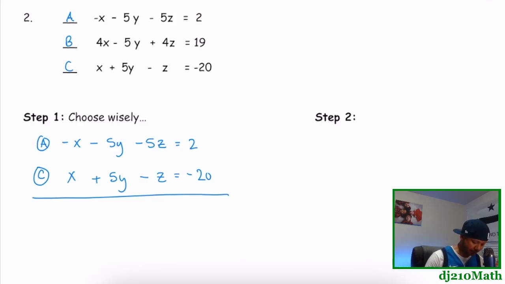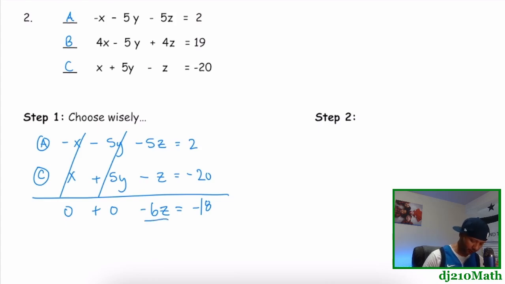So when you add these together, the x's go away, making 0. The y's are going to eliminate, making 0. This is going to be negative 6z, which is 2 minus 20, so negative 18.